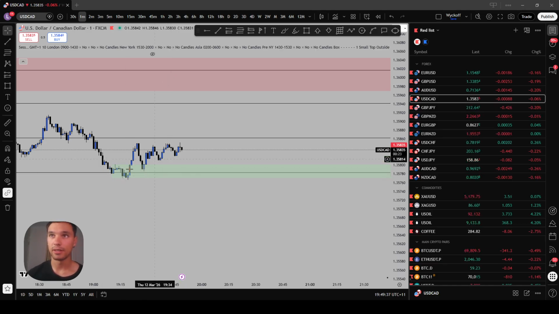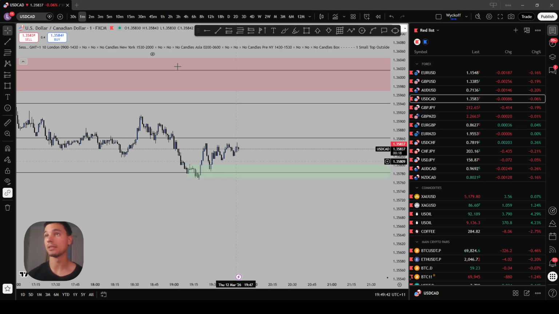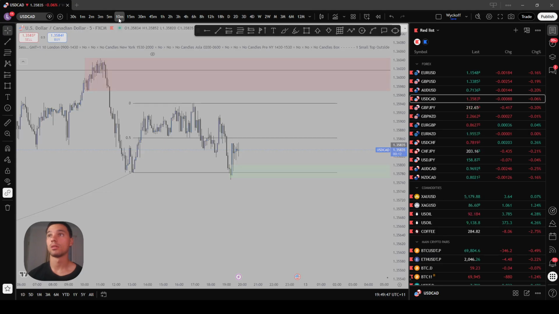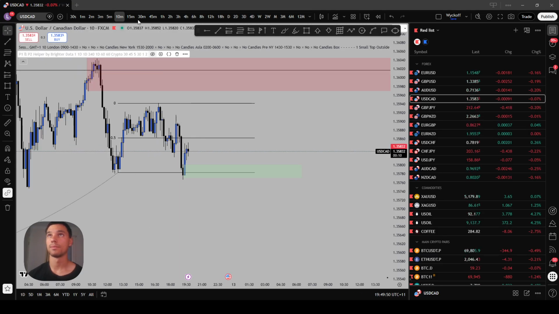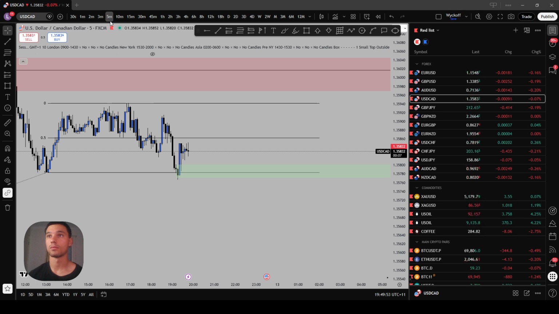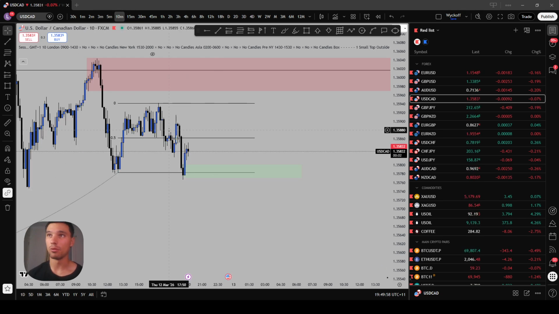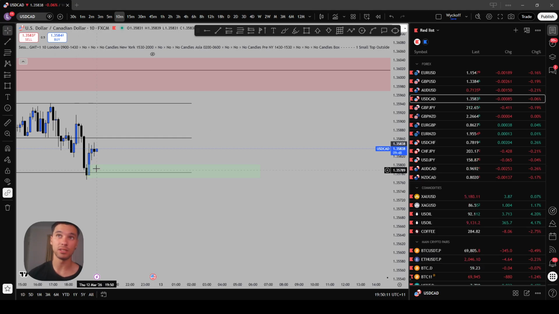The only thing I don't like is the fact that this demand POI on the high time frame has been mitigated, and mitigated nicely. Yeah, and it's not really valid on the 10-minute as of yet, because our 6 candle rule is not valid. It's valid 2 up, 2 down consecutively, but we don't have 2 consecutive bullish candles because this is an inside bar candle, and inside bar candles do not count.